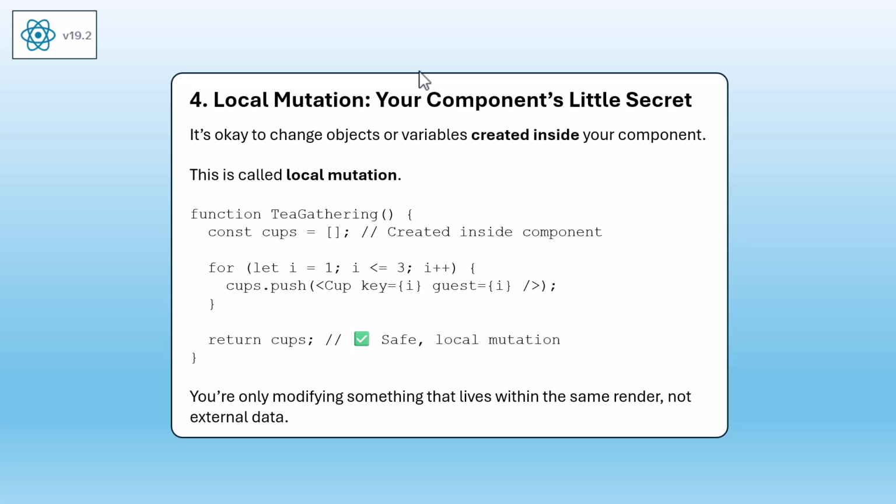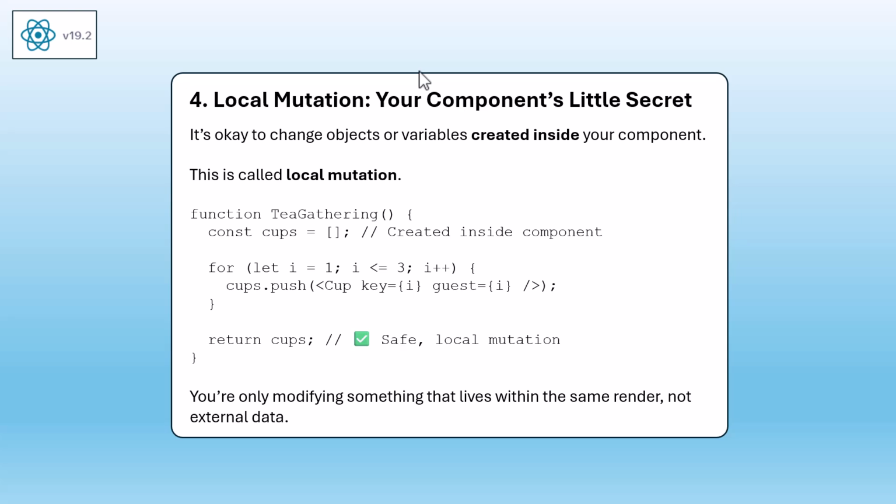4. Local mutation, your component's little secret. In the previous examples, the main problem was changing a variable that existed before the render. This kind of change is often called a mutation, and pure functions don't do it. They don't modify things that were created outside their scope. However, it's perfectly fine to modify something that your component creates during its own render.